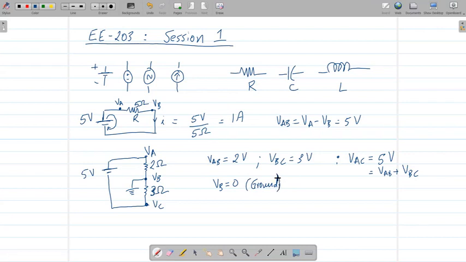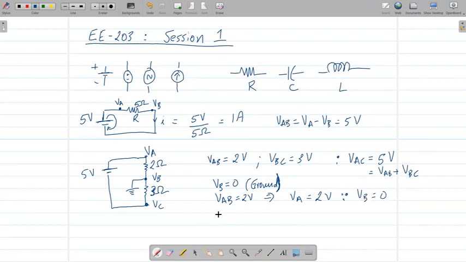Let me just call it ground. And now I know that with respect to VB, VAB is 2 volts. This implies VA is equal to 2 volts, since VB is equal to 0.